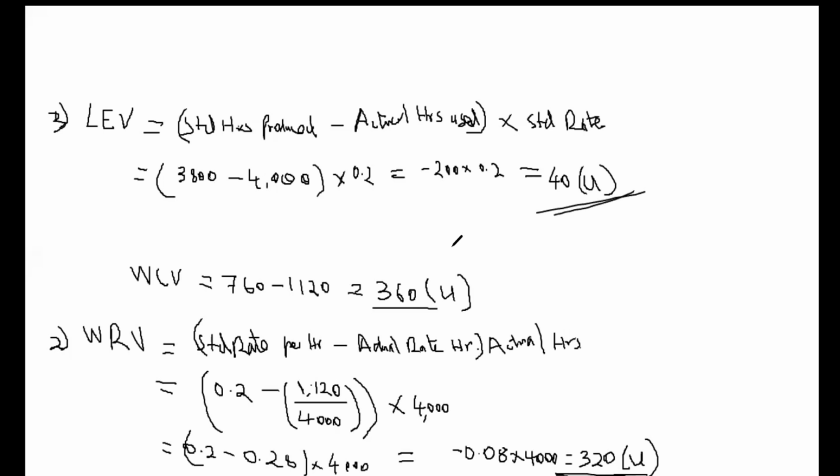If it were revenue or sales, then it would have been F. But because you're dealing with cost, it becomes U. So that is what you are expected to do in illustration number 3. If there are any questions, just raise them before we go to illustration number 4. Any questions?